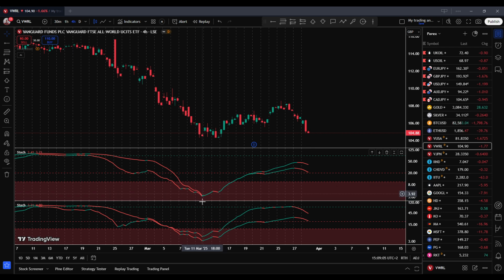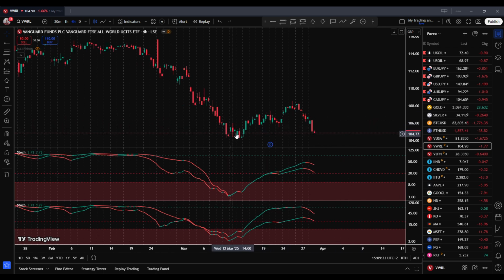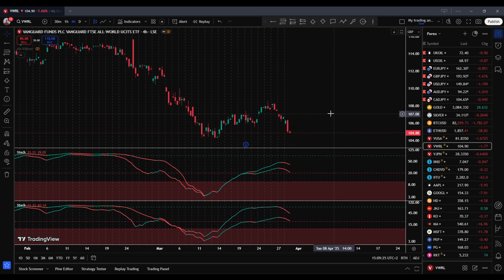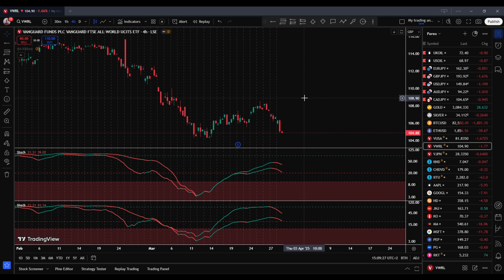All stochastics oversold, change in the trend, good time to buy. Again on Thursday, I'm sorry, good time to buy. You can see where the price is at the moment. Still is a good time to invest some money in this ETF, of course, in my opinion.